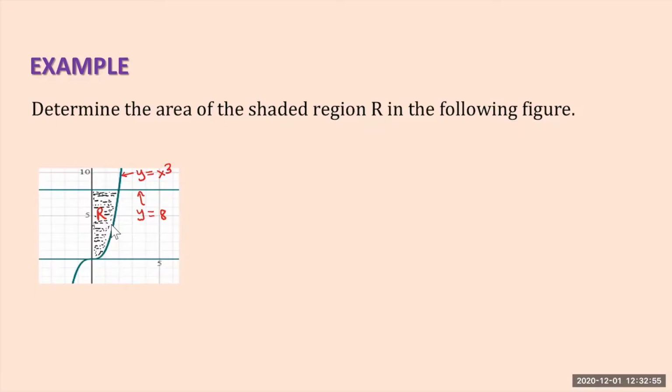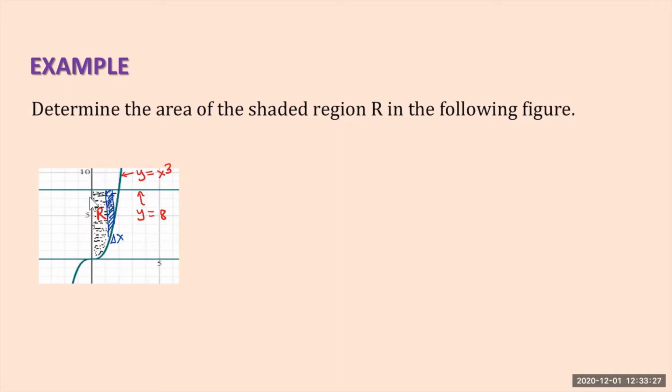So if I try to draw a vertical rectangle, like this one, say for example, that is my vertical rectangle of width delta x, then you can see that this rectangle will always be between, whether you move it all the way to the left or all the way to the right, this function y equals 8 and this function here, which is y equals x cubed.